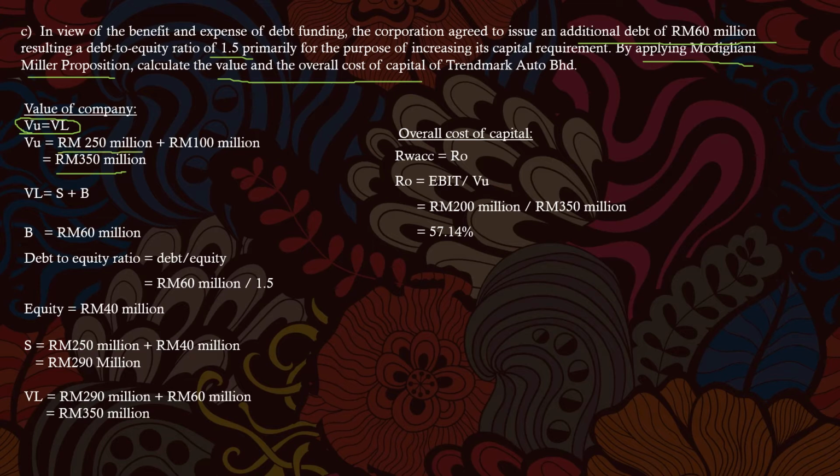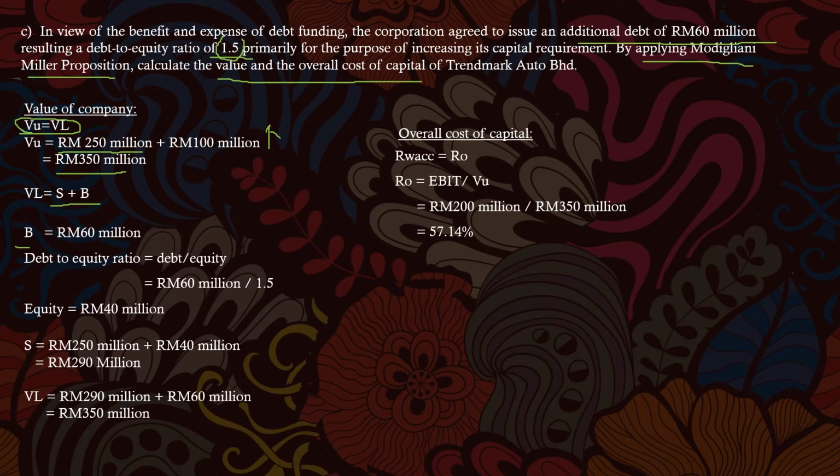Then the company has raised 100 million ringgit. But value of leverage is equity plus debt. Debt is RM 60 million, and the debt to equity ratio is 1.5 as given in the question.